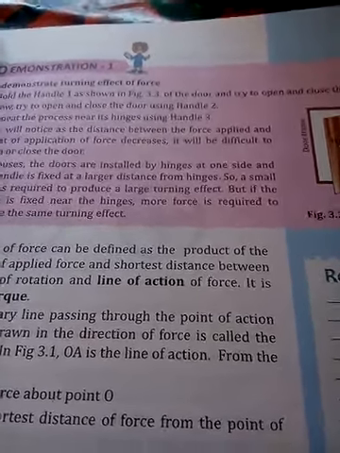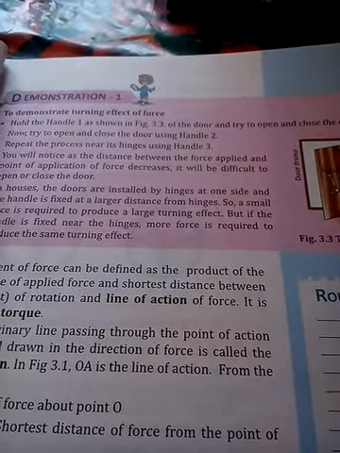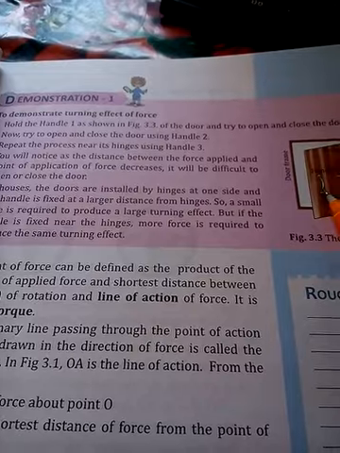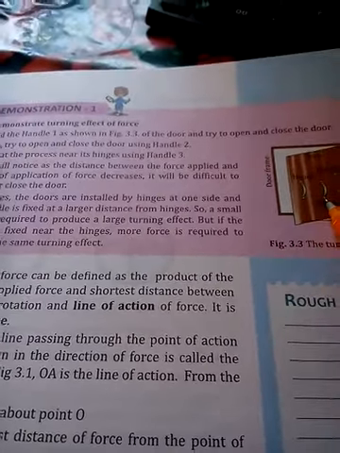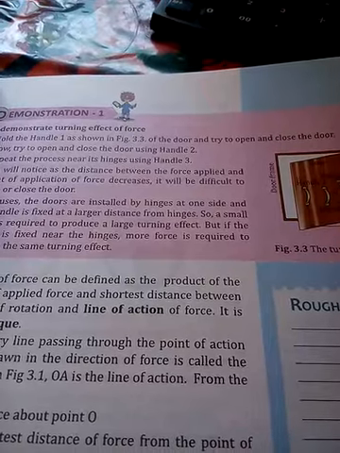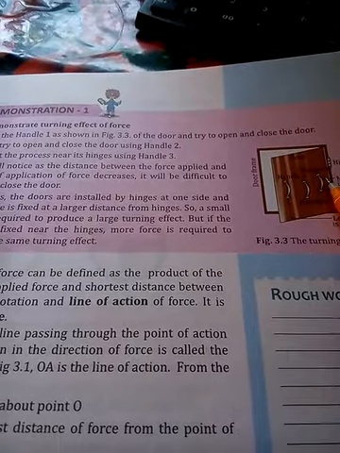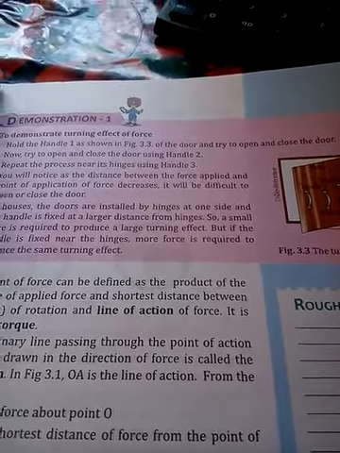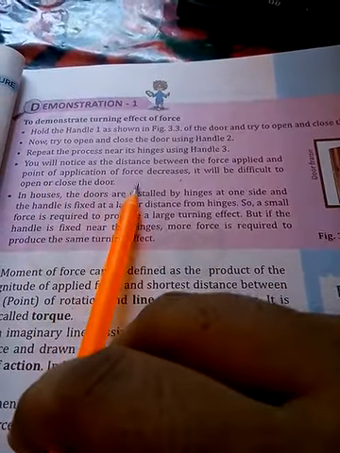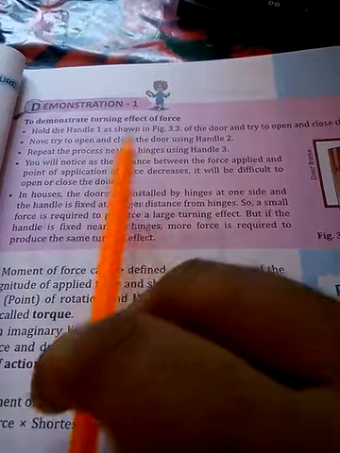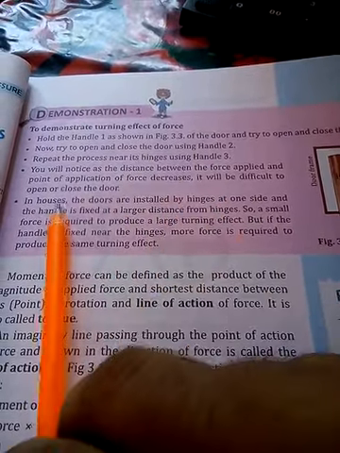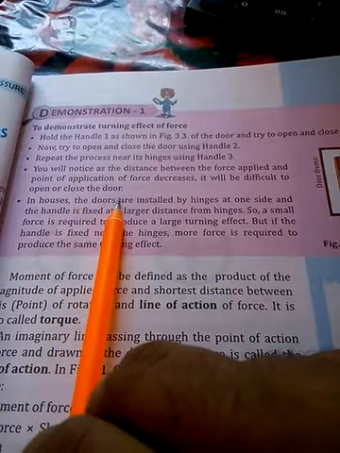So turn by turn, you first apply force on one handle, then the next handle, and at the end you apply force to the handle which is near the hinge. What will you notice? You will notice that as the distance between the force applied and the hinge decreases, it becomes difficult to open or close the door.